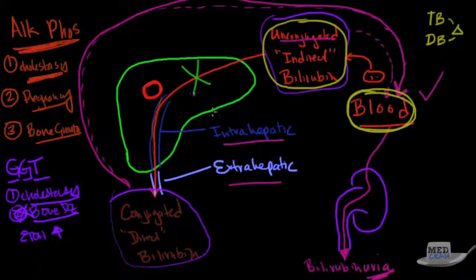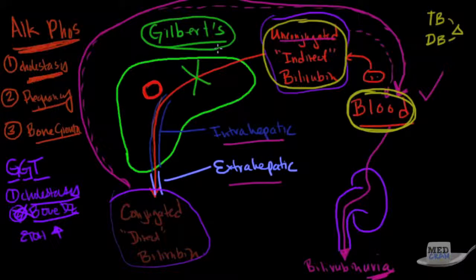Or it could be the inability to convert unconjugated bilirubin to direct conjugated bilirubin. And what is one of those diseases? Well, the most common is Gilbert's disease. Believe it or not, this condition, which is autosomal dominant, is present in up to 5% of the general population.